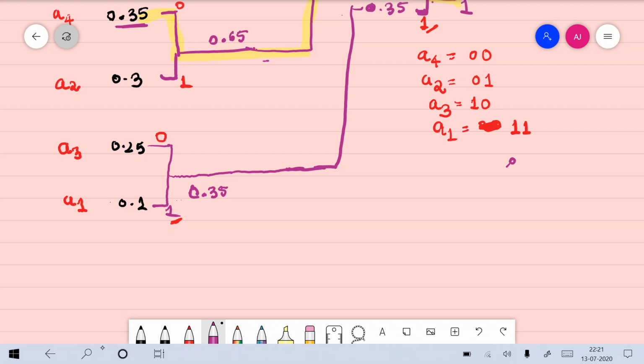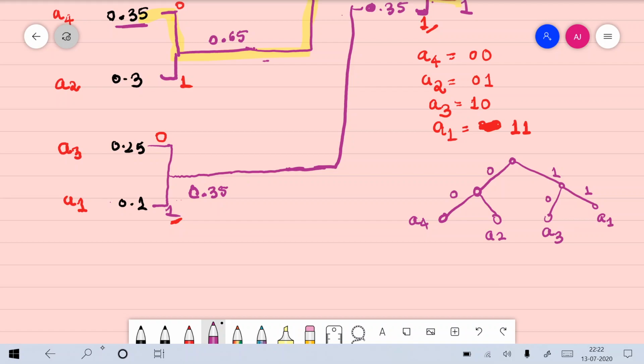It will start from the root, so 0 0, this is my A4, and then I have 0 1, this is my A2, then I have 1 1, this is my A1, and this is the 1 0, my A3.